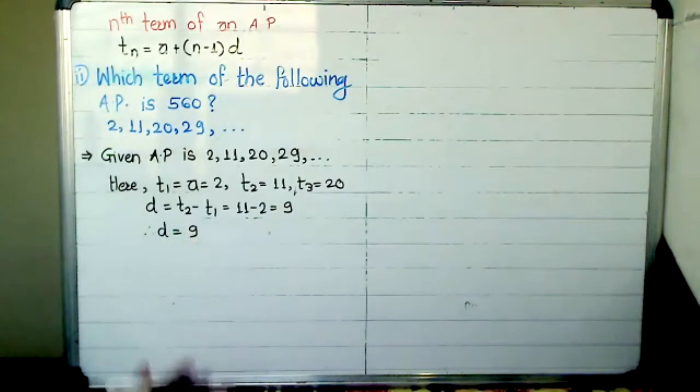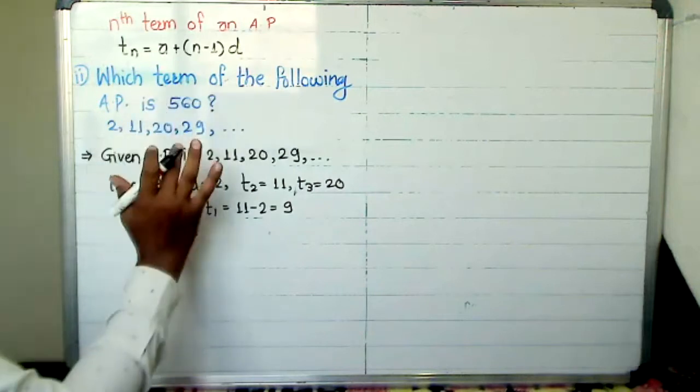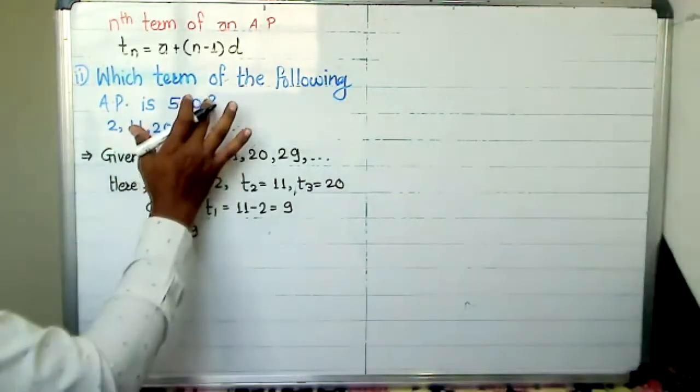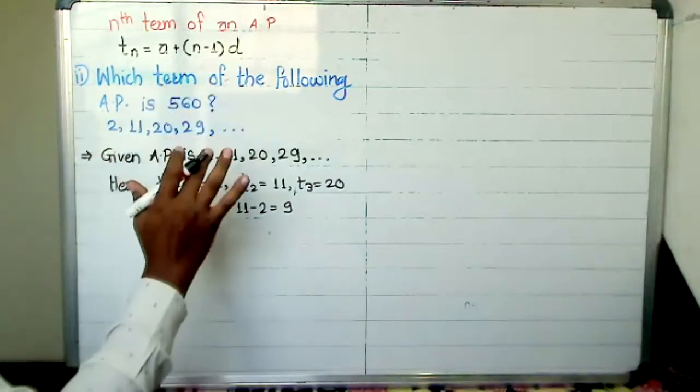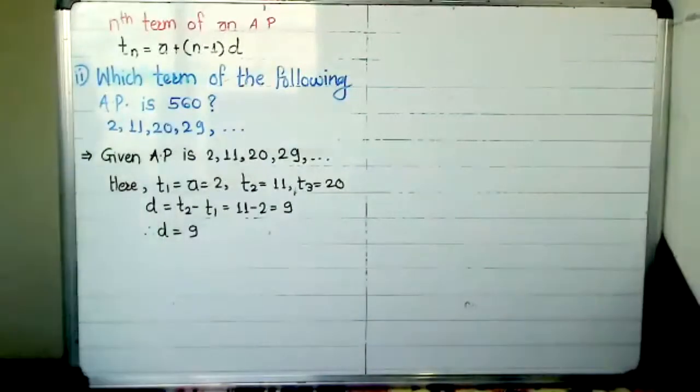Now in this AP, we have the first term and the common difference D. So by using the nth term, we have to find the number of the term whose value is 560.